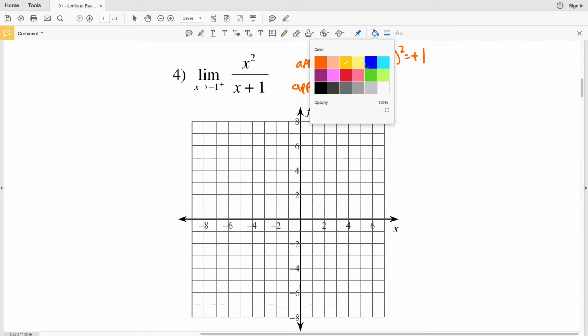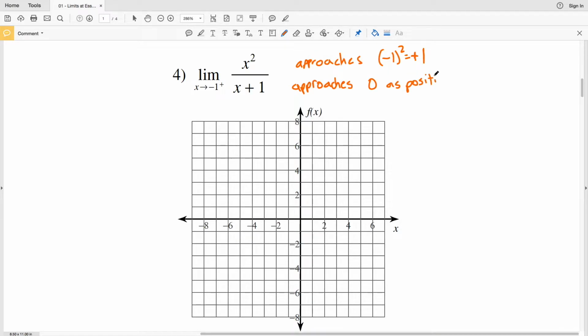Therefore, since it approaches 0 as a positive number, our limit is growing closer and closer to positive infinity, because it's a positive numerator over a positive denominator. So positive infinity is our answer in number 4.